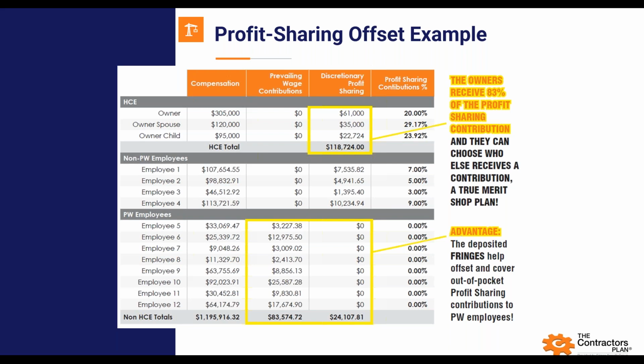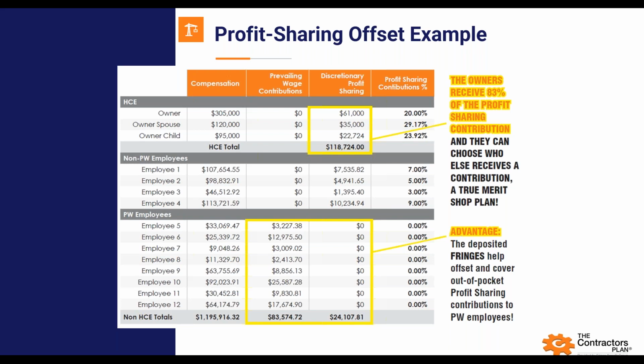Well, what you can do as an employer is actually offset or even separate out those employees with prevailing wage fringes and say, you've already met your profit sharing contribution with those employer dollars of your fringe obligation. And so you don't have to pay them anything. Now, that's not to say that you couldn't add more, but you don't have to pay them more.